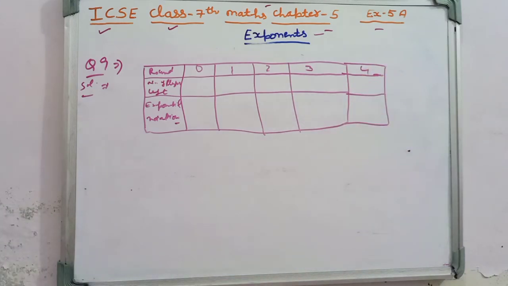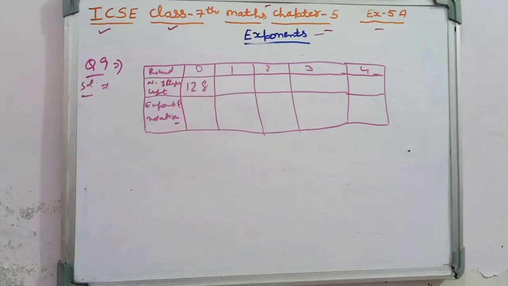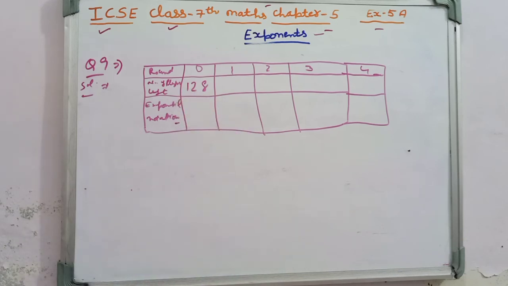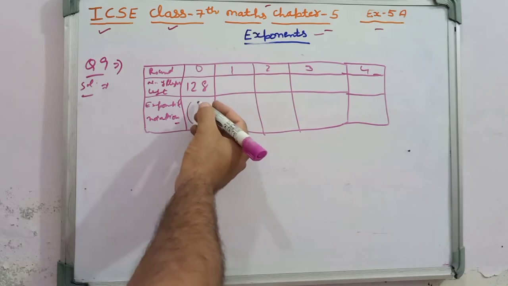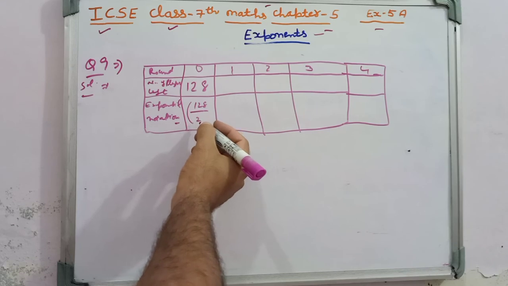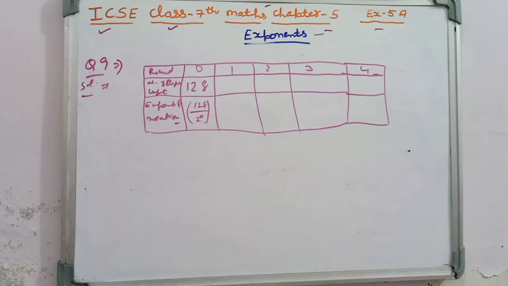Now total players were 128 in round 0. Right? Now if we denote it in exponential form, as the round is 0, we will take the power of 2 as 0.